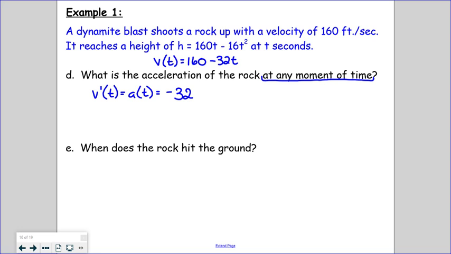It doesn't matter when it is. It's always going to be negative 32 because that's not ever going to change. But we wouldn't have left a variable there if it needed a variable. So let's talk about our label on this one. Again, remember, we're talking about the second derivative, and our acceleration is in feet per second squared.